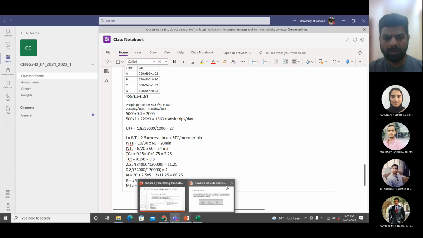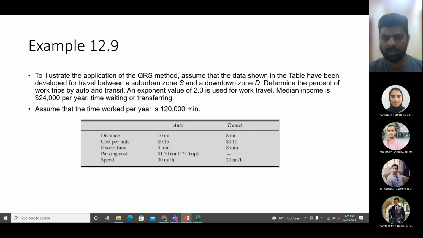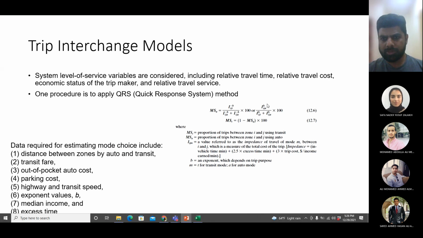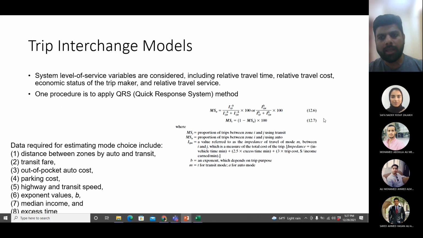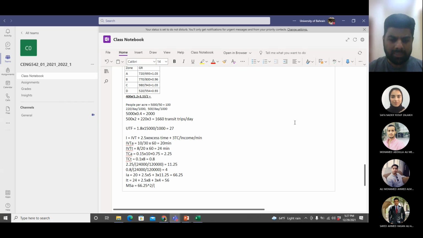So I go here. What's the equation here? As I said, you can use this one or this one. I will use the one which has a positive power. So I for auto, 66.25, to the power B, which is basically 2, so we bring a square, and then we have both of them again in summation.